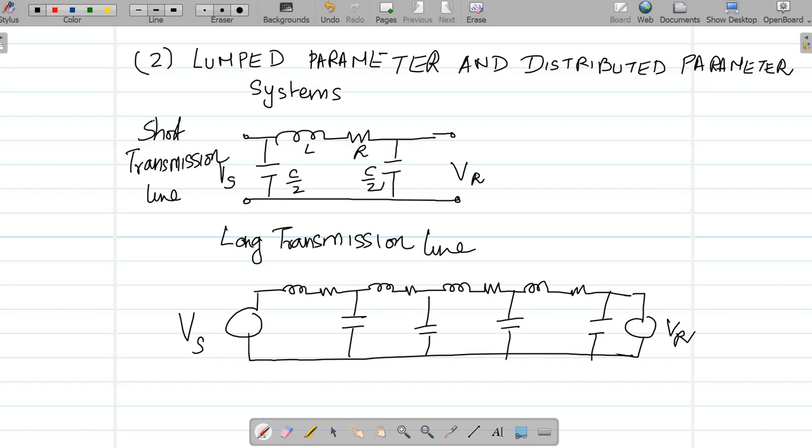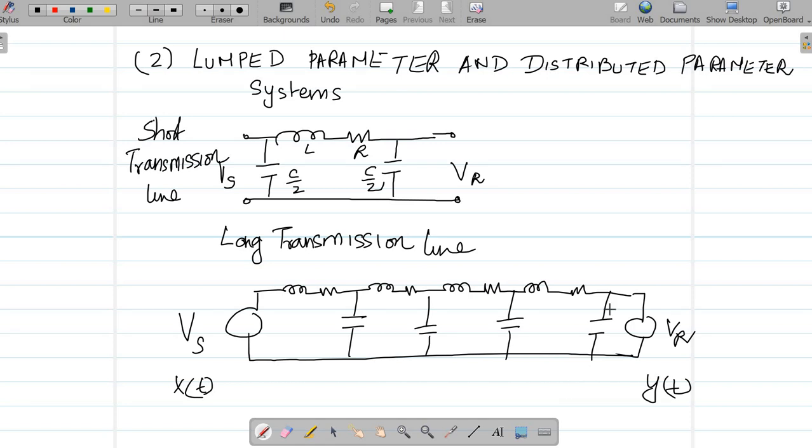Now, this entire distributed parameter system can be modeled as a mathematical equation, and if I apply x of t, which is V of S, I get y of t, which is V of R, the receiving end voltage.